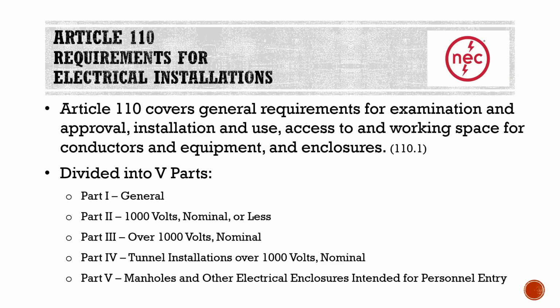That being said, it's very important you pay attention to what part you're in in those types of articles, because it's very easy to be looking up a requirement for 1,000 volts or less when you're in the over 1,000 volts section. Now, if we have an article where, as you can see in Part 4, we have tunnel installations, which are only for over 1,000 volts, we will be discussing that since there is not an equivalent 1,000 volts or less section for that.